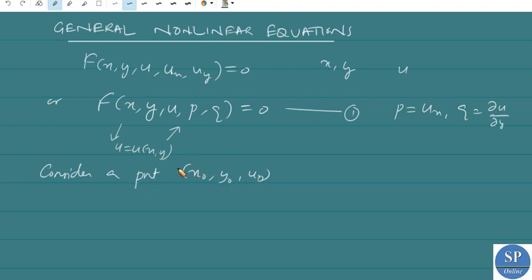To obtain the integral surface, first we have to find the characteristic equations. For that we have to find the slope of a characteristic curve on the integral surface passing through this point (x0, y0, u0).